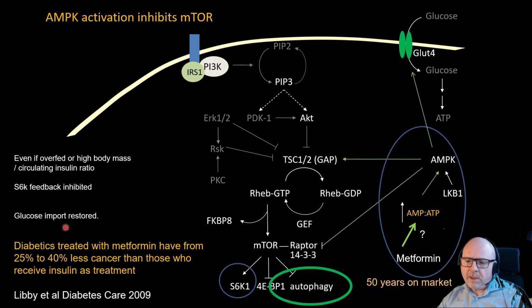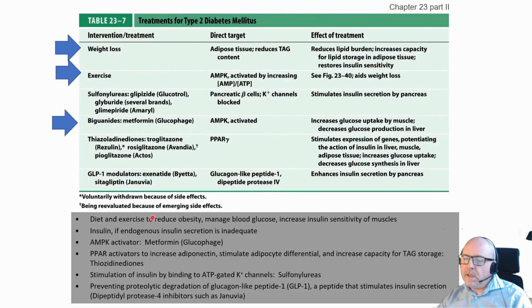This is indicated here. Interesting sidebar. Diabetics treated with metformin have from 25% to 40% less cancers than those that receive insulin as a treatment. Source here, and I'll come back to that.